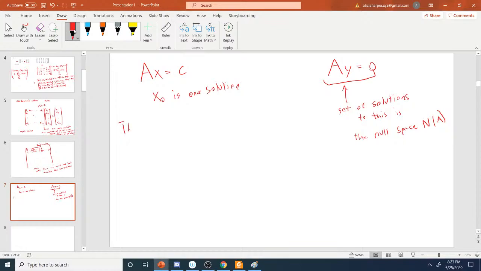And if we're looking over here at Ax = c, and x naught is one solution, then x naught plus y, for y in the null space, is another solution.